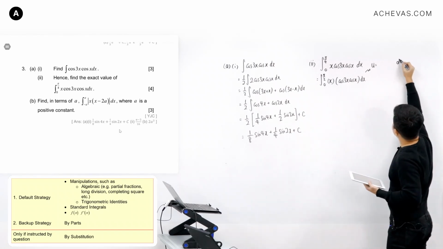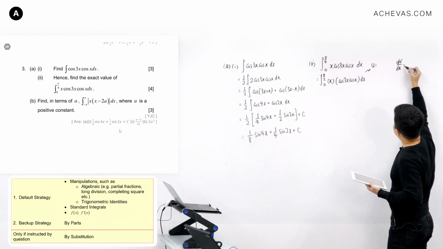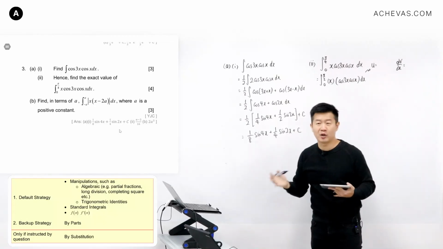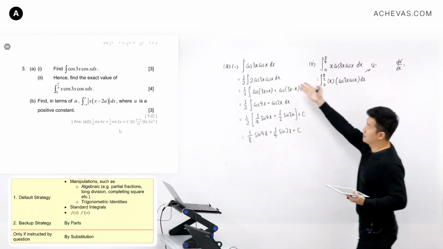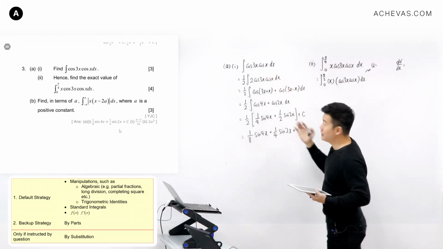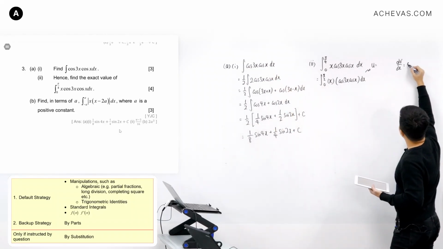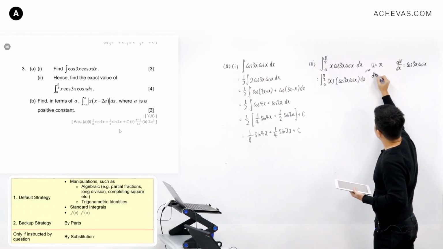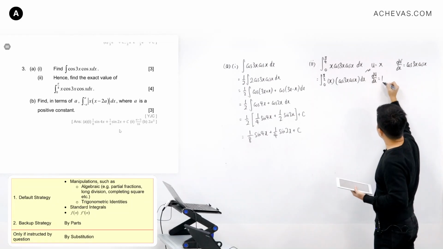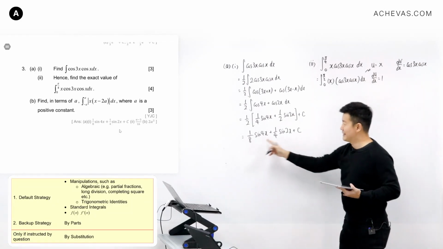Like what we were saying, we will actually be focusing on dv/dx in order for us to choose, if I'm not applying LIATE. So I'm going to go for dv/dx to be this. Again, obviously, it's because I can already integrate it. So this is going to be equal to cosine 3x cosine x, and u is going to be this x. So here, du/dx is going to be 1, and v is going to be this over here.